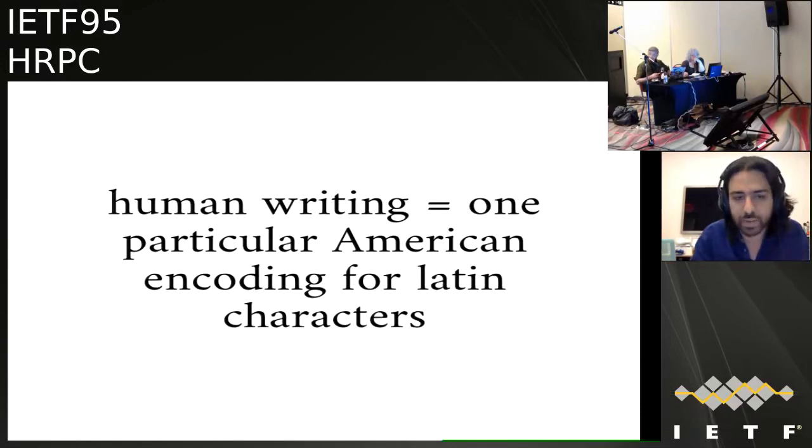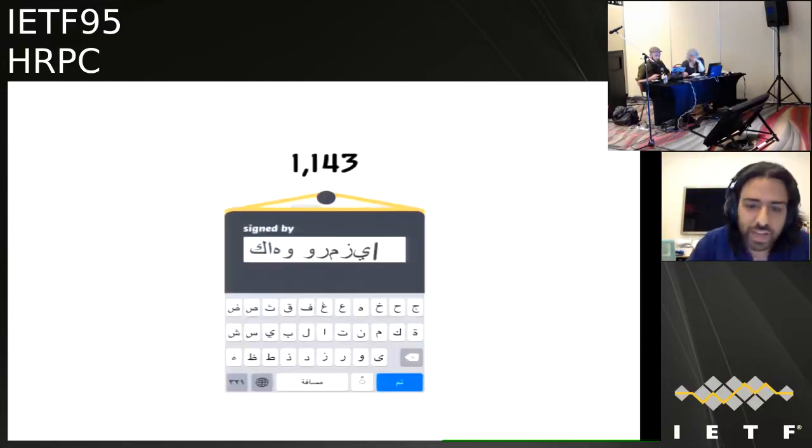These are observations that I've made outside of just programming. If you'll advance to the next slide, this is a screenshot from one of my favorite games called Threes. I'm trying to enter my name and my collaborator's name in the high score list in Arabic. Many people will look at this and think that this supports Arabic, but this is actually gibberish. This is a very, very common bug.